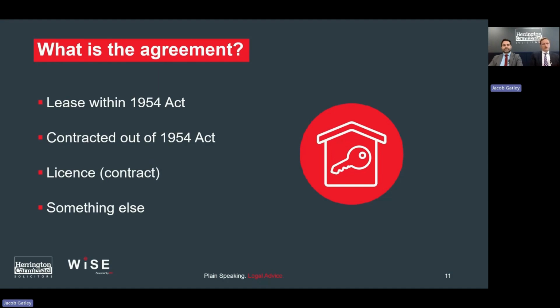whatever rent he or she thinks you can get away with if you haven't got the benefit of the 1954 Act. It is possible to contract out of the 1954 Act, and a lot of leases nowadays are contracted out. It's a relatively simple process of serving notices, and that loses you the benefit of the 1954 Act.